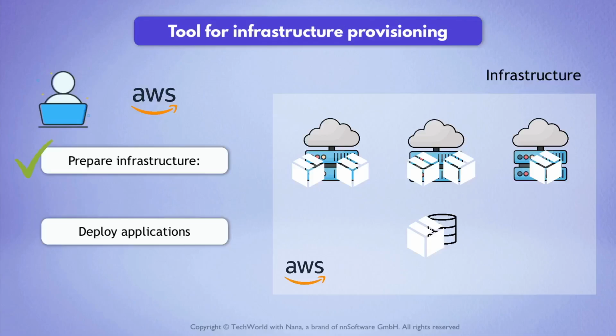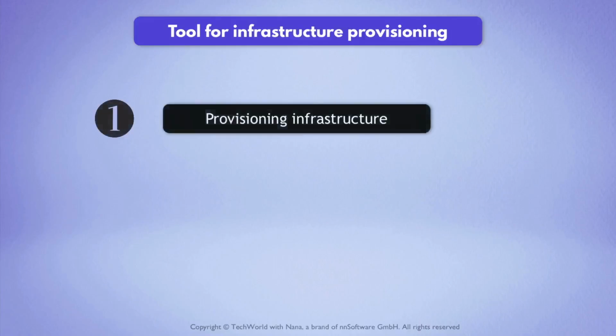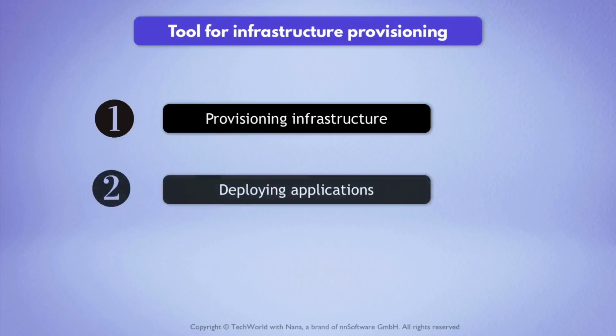So as you see, these are two different tasks or two separate steps of creating the whole setup. One is provisioning the infrastructure, preparing everything so the application can be deployed. The second one is actually deploying the applications on it.